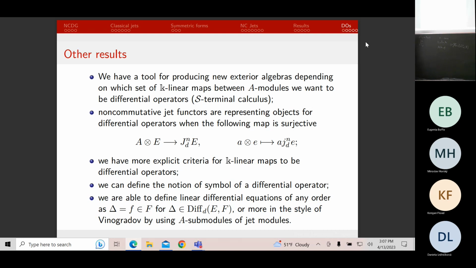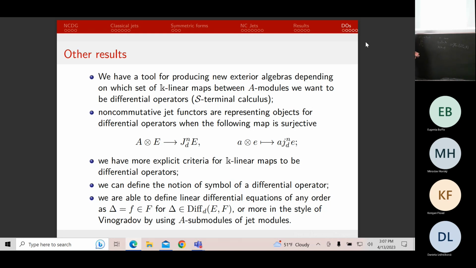So a thing I have not discussed is, I have shown how an exterior algebra gives us a notion of jets. I have shown how the notion of jets gives us a notion of differential operators. Now we have a way of producing the original calculus from the differential operators.